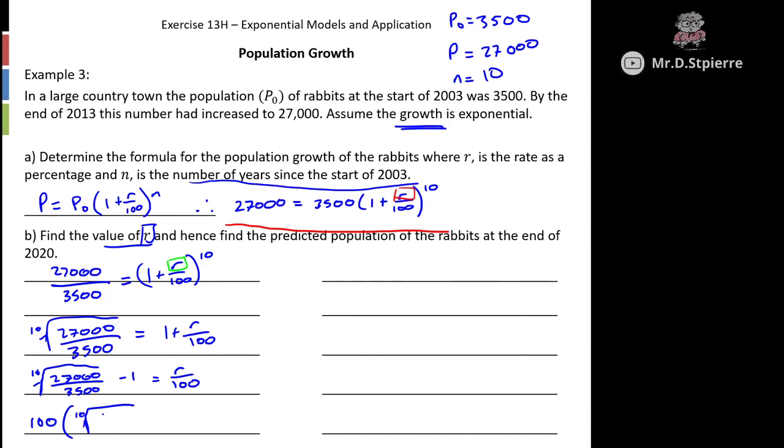I can take some zeros out, so we get 270 on 35 minus 1 is equal to r, and we can just stick this in our calculator to find out what r is. 100 times by the root of 270 divided by 35. We'll take away 1, close brackets.